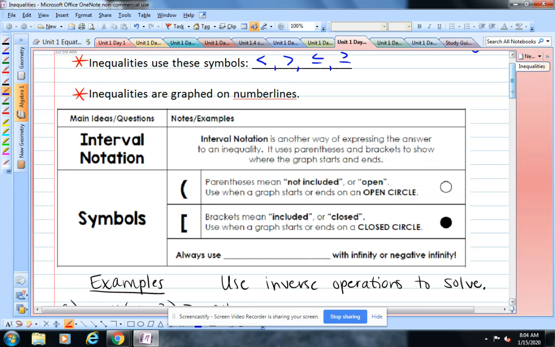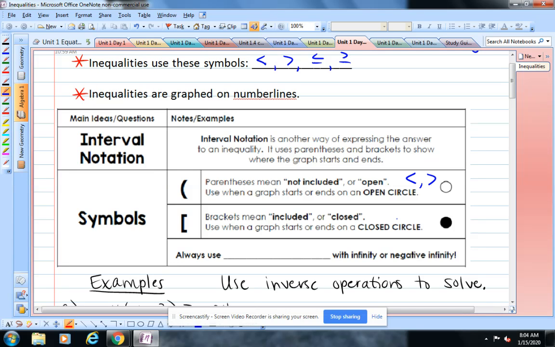Now we're going to use parentheses when we have less than or greater than. So less than or greater than. You might want to write that around there. Less than or greater than. Same thing with an open circle on our number line. Okay?